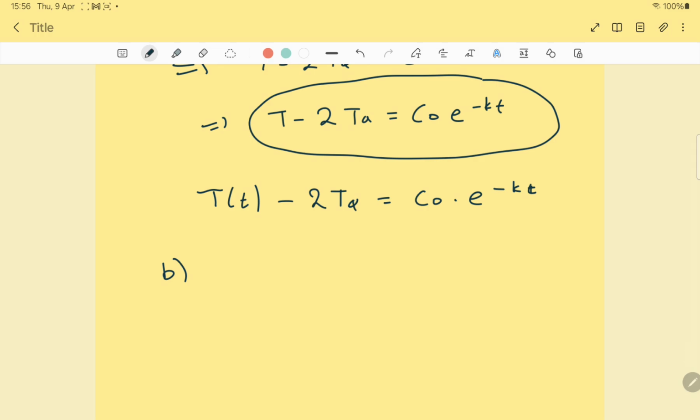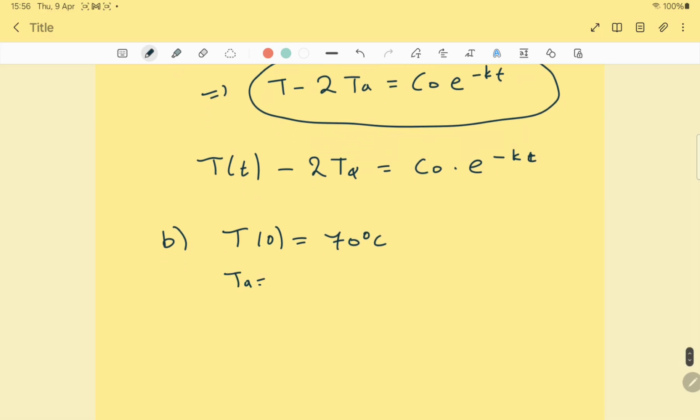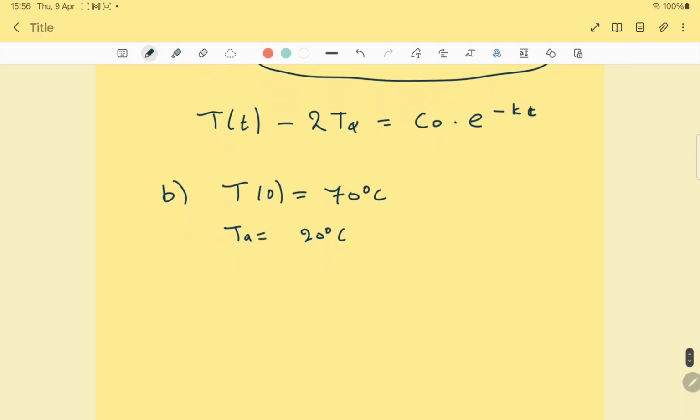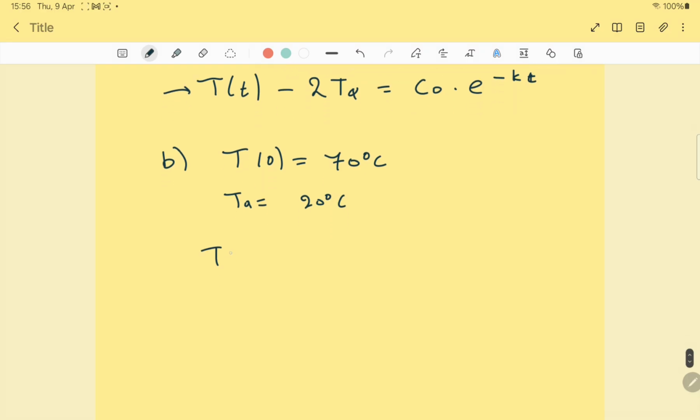Now for B we need to calculate C0 if we know that the initial temperature, so for time t equals 0, is 70 Celsius degrees and the temperature of the room is 20 Celsius degrees. Okay, let's go back into this equation and plug in t equals 0.